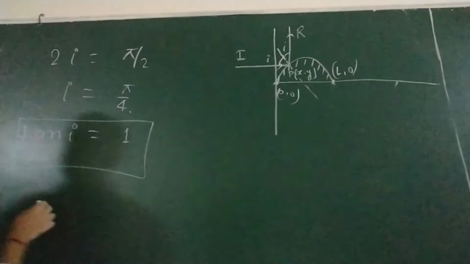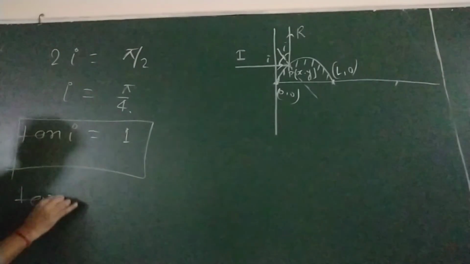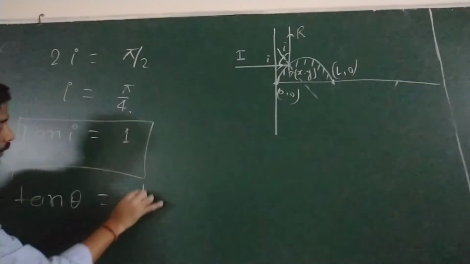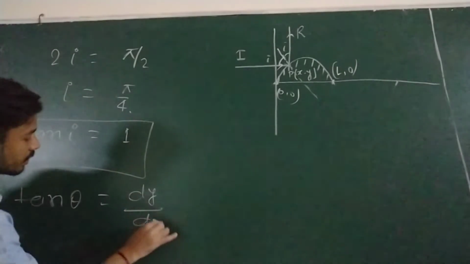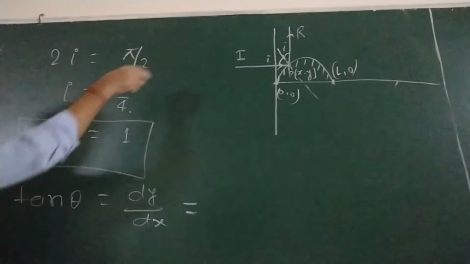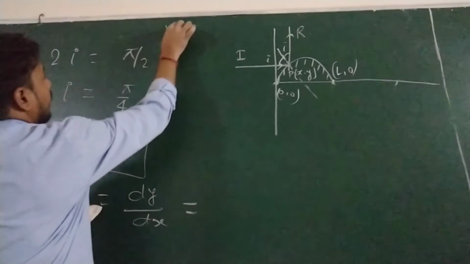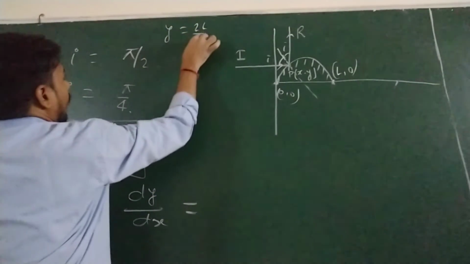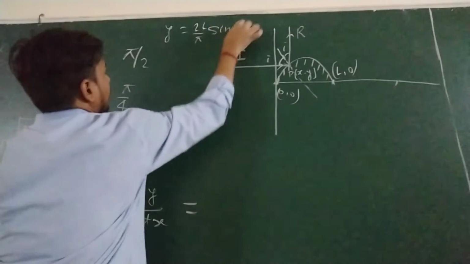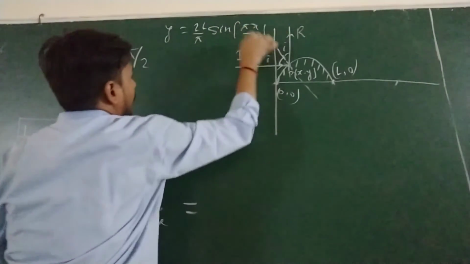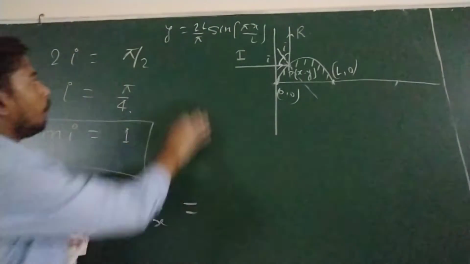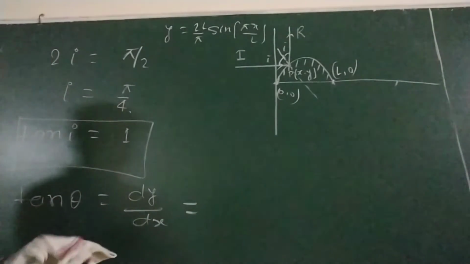So from here I can write, my dear, tan theta is equal to dy by dx. Now differentiate this equation, y equals 2L by pi sin pi x by L.